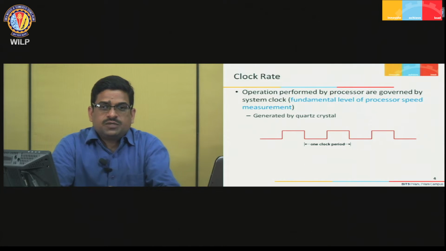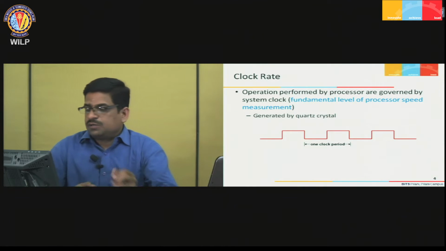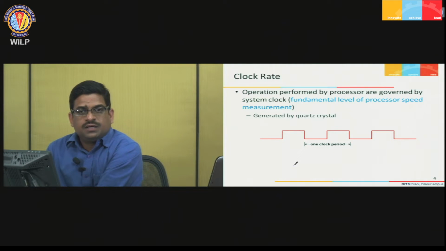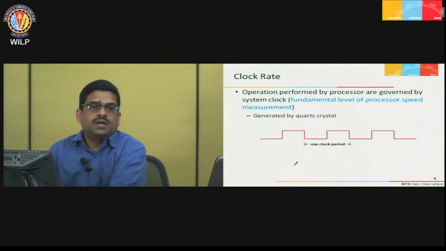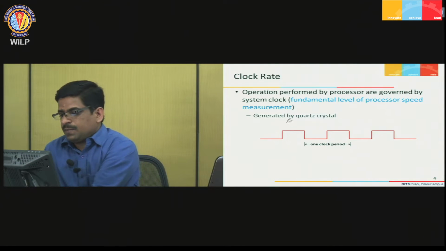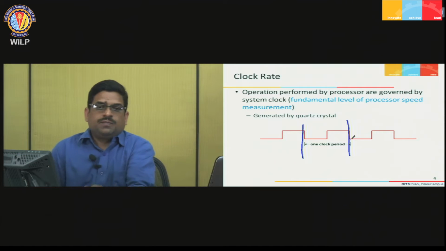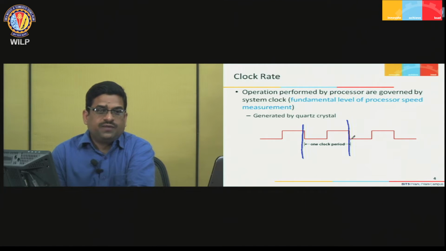So, what is a clock cycle? It looks like this. You can see here the clock is continuously running with some fixed frequency. Frequency means the number of cycles per unit time. That is the measurement of the clock cycle, number of cycles per second. This is the clock period, one up and one down, that makes the clock period, the duration of the clock, at what rate the clock is running.